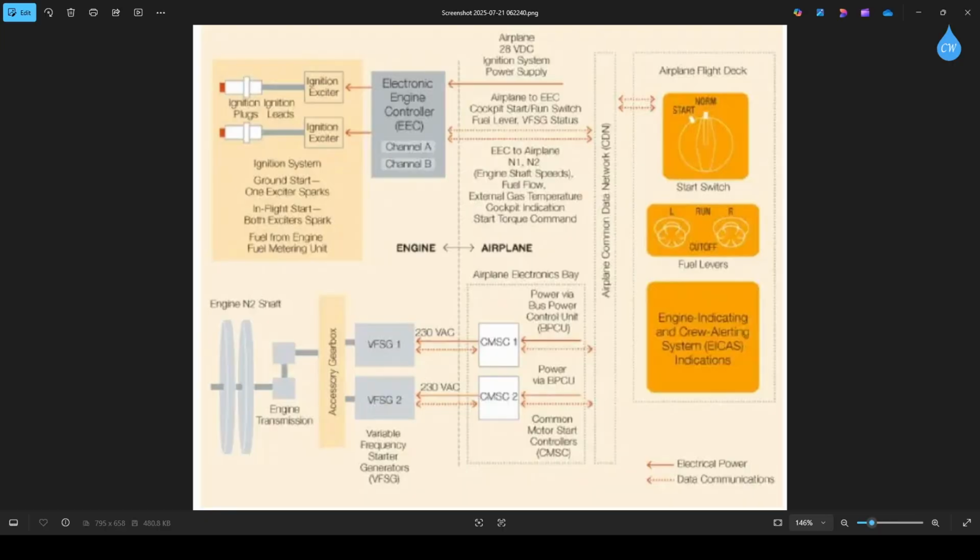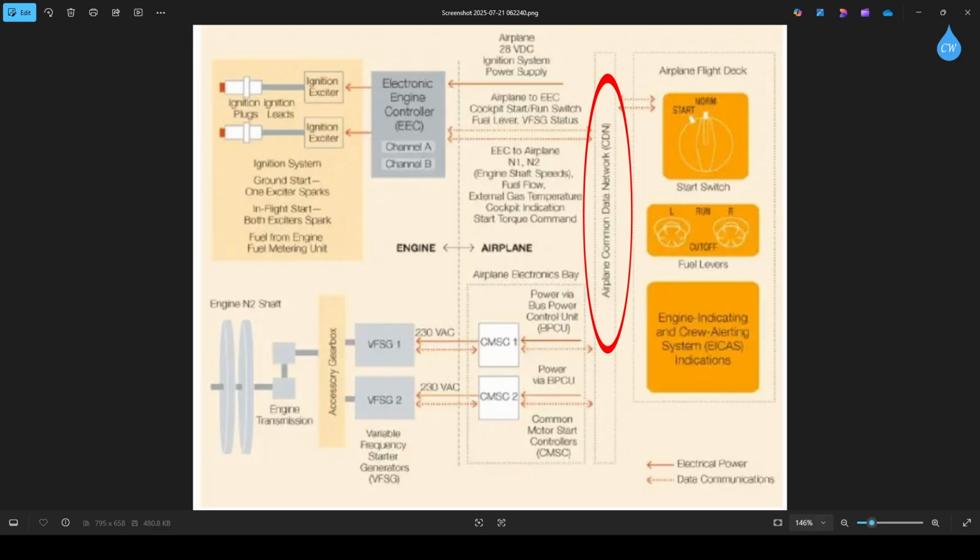But by doing a little bit of research, I found this image that you're seeing on the screen right now, which is very basic, but it mentions here on the right side the fuel levers, meaning the fuel run and cutoff switches. And it points to this block here, which says Airplane Common Data Network, CDN.